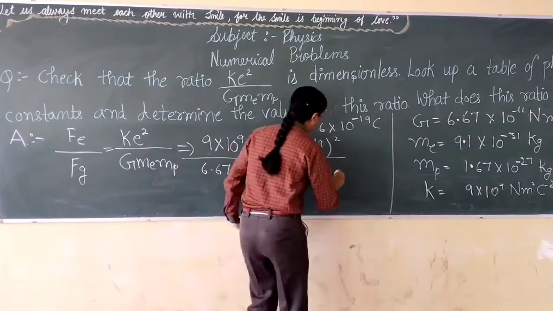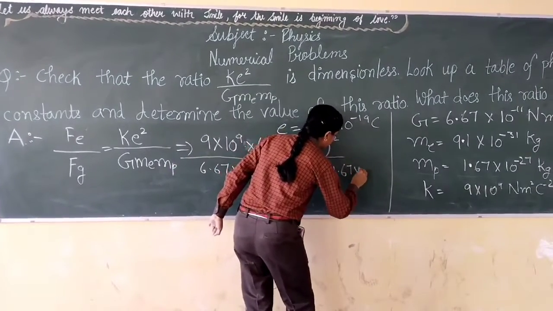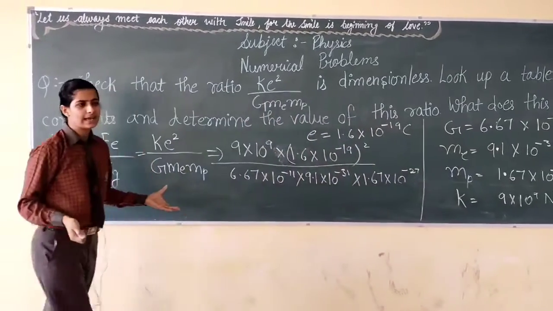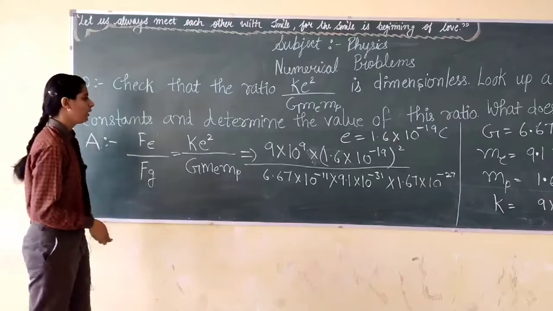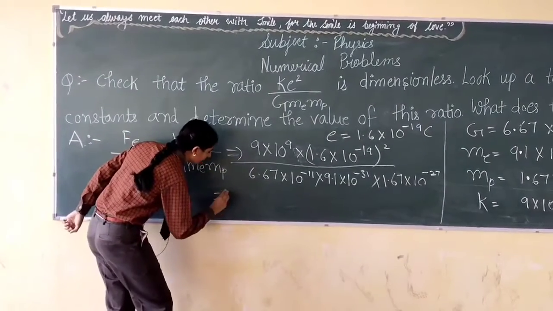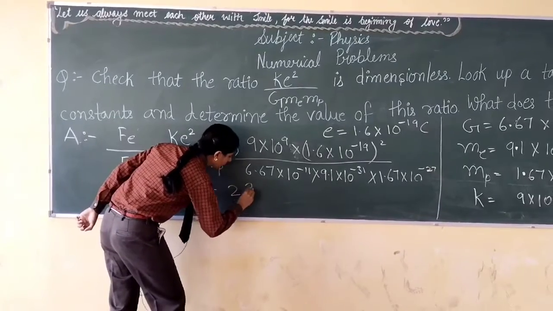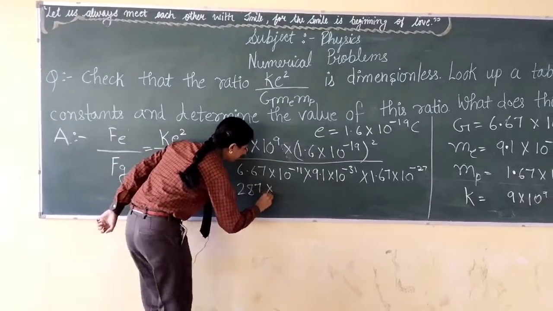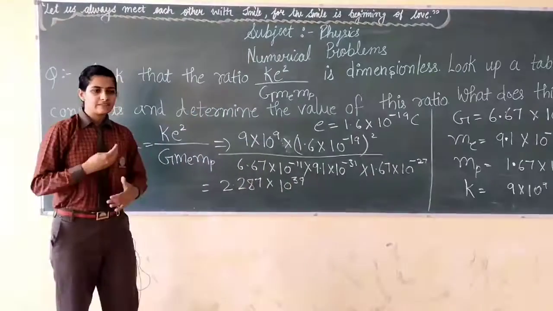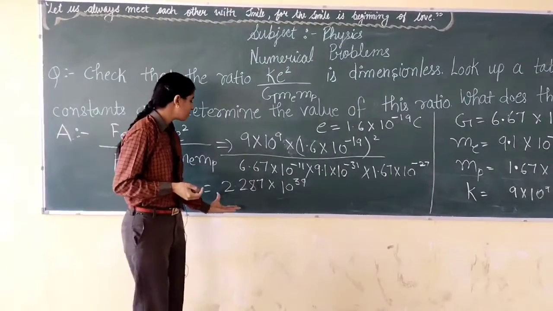Similarly, mass of proton is 1.67 into 10 raised to power minus 27. Any doubt till here? No. Okay. When we calculate these values, we will get our final answer as 2.287 into 10 raised to power minus 39.